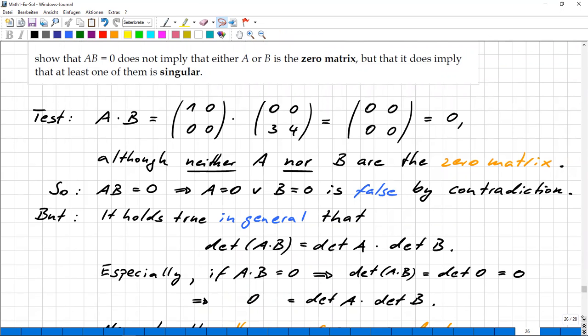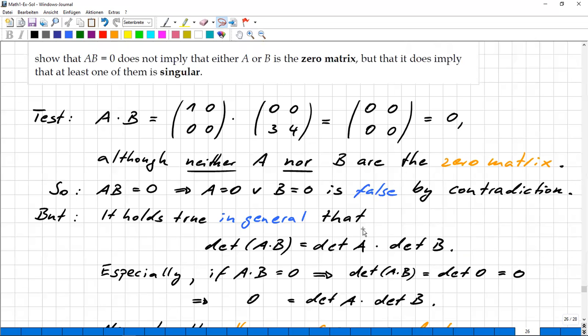It's quite simple in the end, but you must see it. It's a fact, and you know this general theorem, I think, that the determinant of a matrix product is also the product of the single determinants.